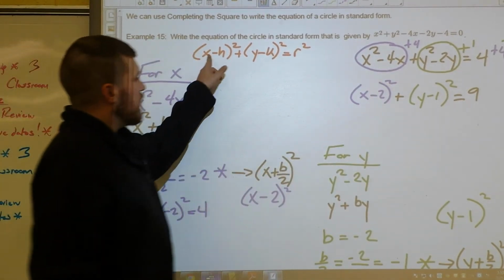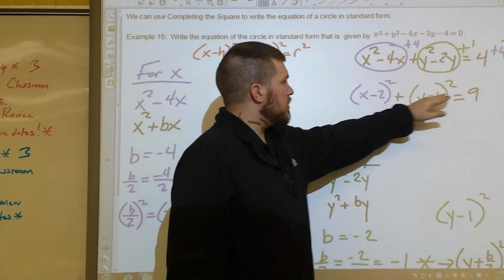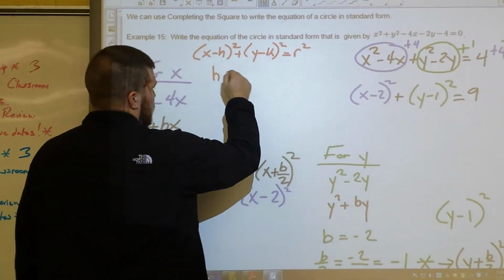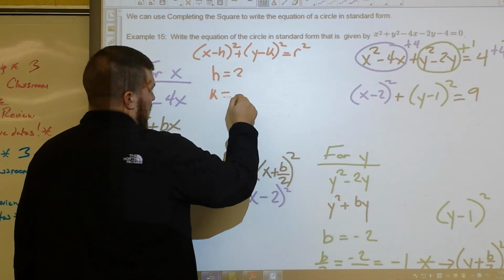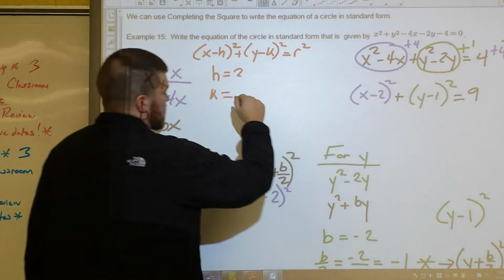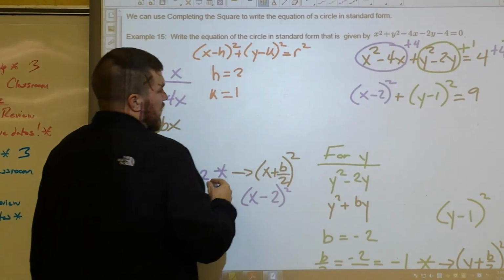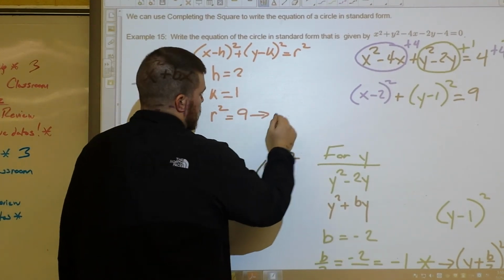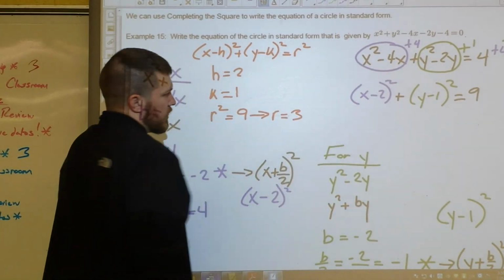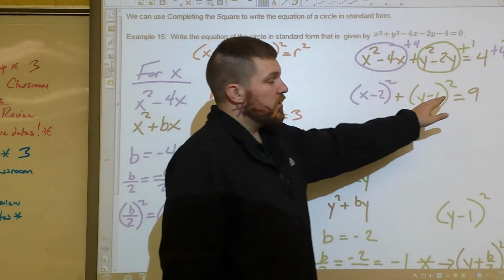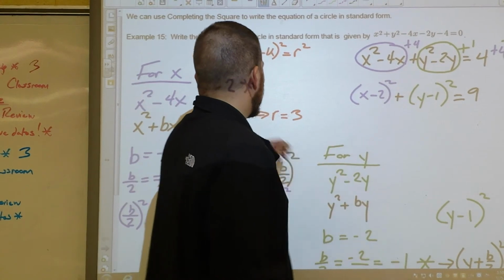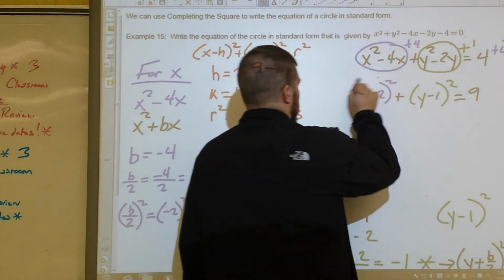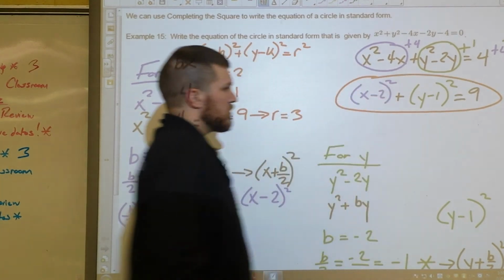Obviously this matches up very closely, because here my h is positive 2, my k is positive 1, and my r squared is 9, which means my radius is 3. So I have created the equation of a circle whose center is at 2, 1 and has a radius of 3. And this is my answer.